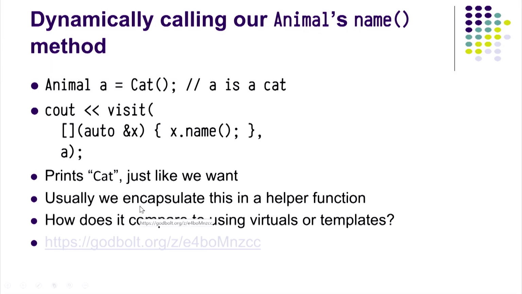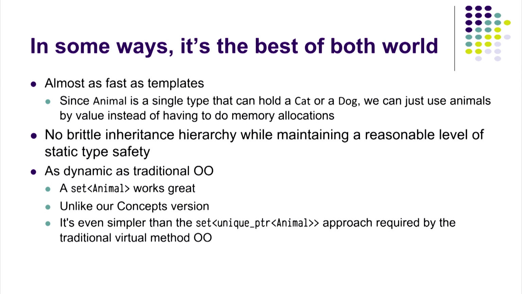How does it compare? Well, in some ways, it is the best of both worlds. Since animal is a single type that can hold a cat or dog, we can just use animals by value instead of having to do memory allocation and worry about memory management and lifetimes and stuff.